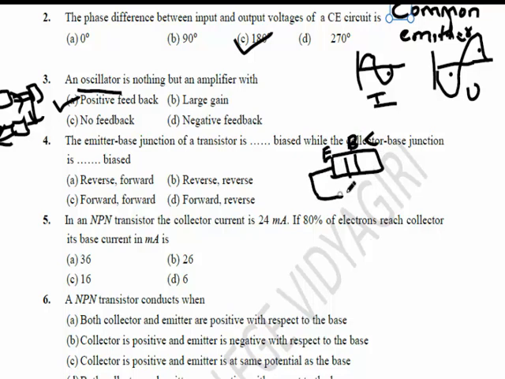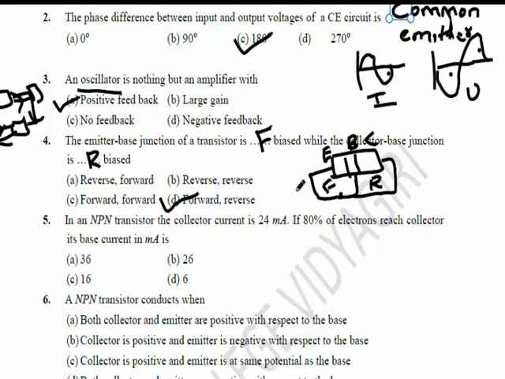Emitter-base junction is always forward biased. Collector-base junction is always reverse biased. So the option is forward and reverse. So option D is correct. Fourth one, option D is correct.